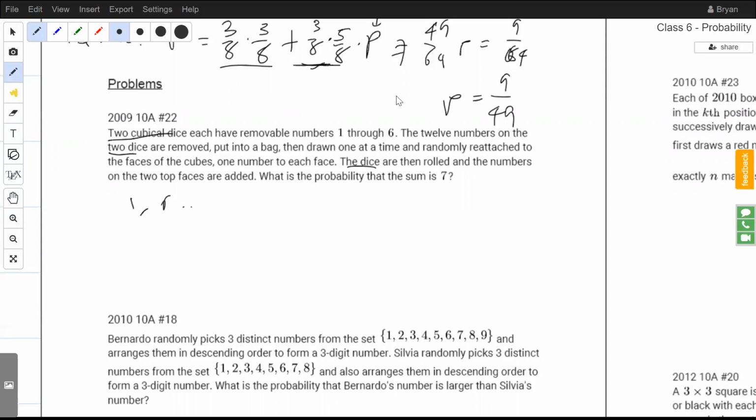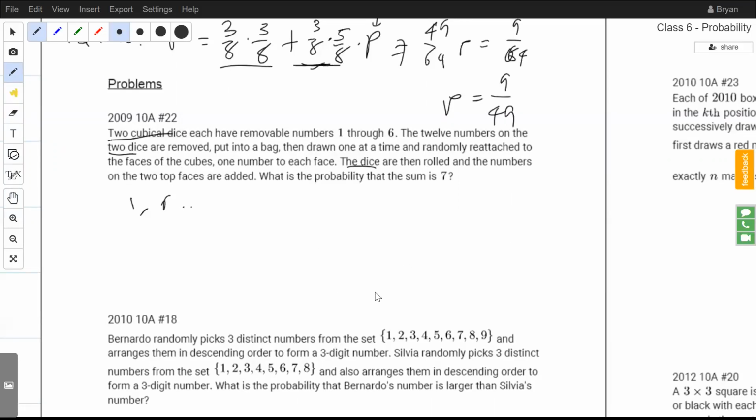This works because of the symmetry of everything, as you can't predict what numbers are going to be on what dice, but you know that the probability of any number facing up on a die is going to be equal.